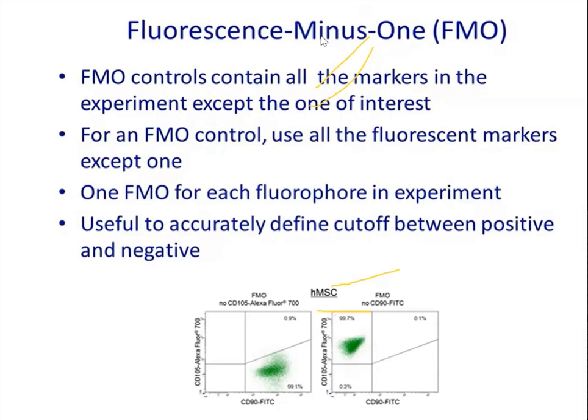Voltage should be adjusted before starting to record your events. And voltage should be adjusted, I repeat, before doing compensation. Once you have done compensation, if you adjust the voltage of fluorescent channels, then that compensation becomes invalid.